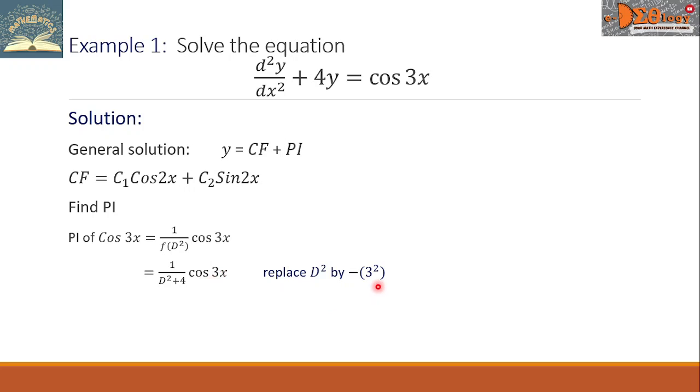So the negative a squared is negative of 3 squared. And we know that this is negative 9. So the negative 9 we replaced in here. When we simplify the denominator, it becomes 5. So we have negative of 1 over 5 cosine 3x. This is the value of the particular integral.